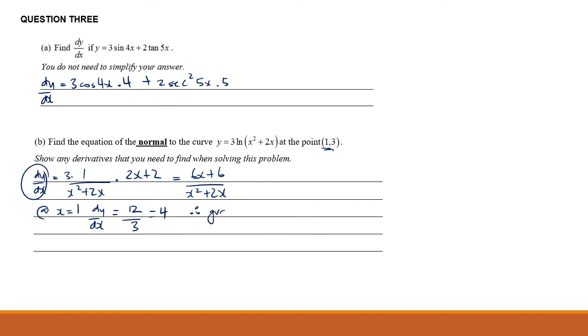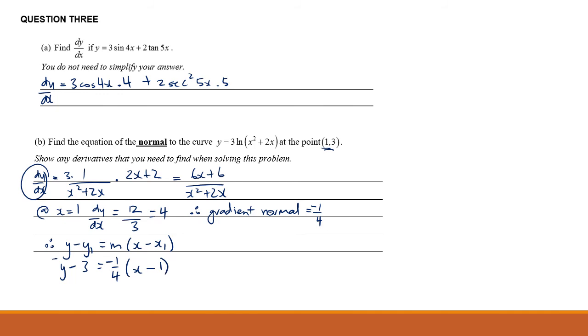Therefore, the gradient of the normal is just negative 1/4. Therefore, the equation: y minus y1 equals m into x minus x1. y minus 3 equals negative 1/4 times x minus 1.